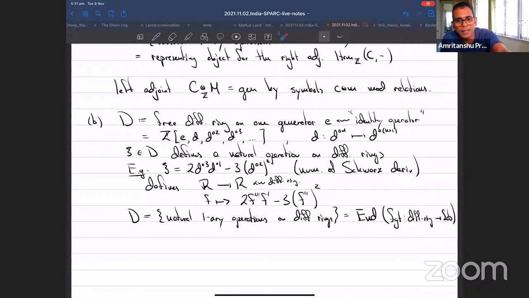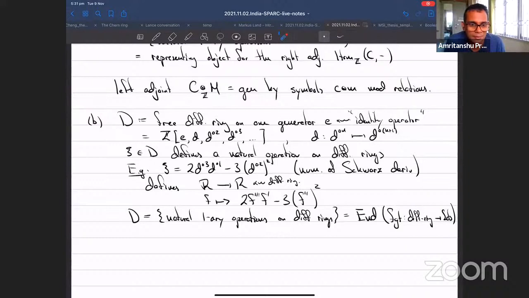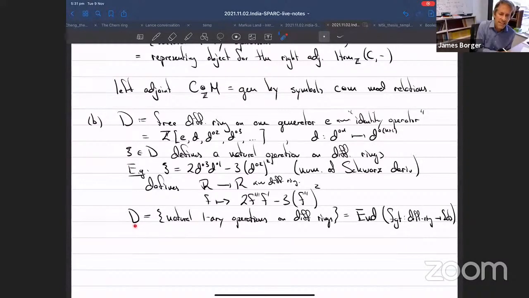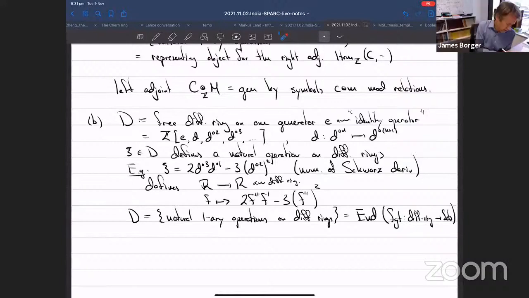At the very left of that line, D. Yes, D generates this ring of endomorphisms. No, it's the whole thing.